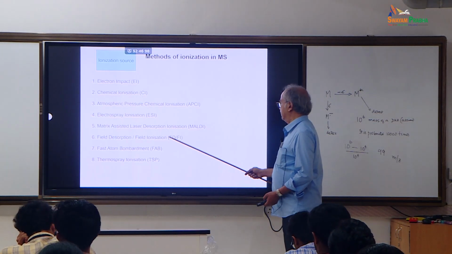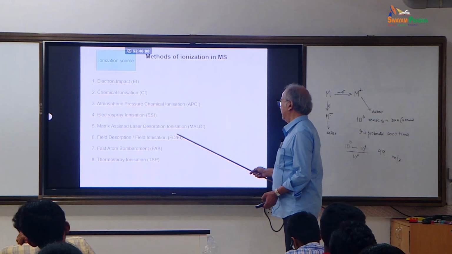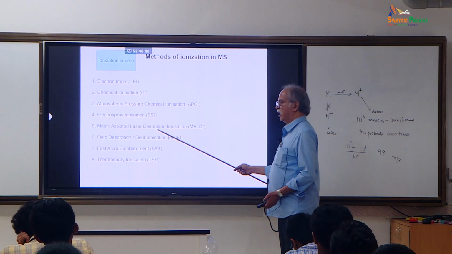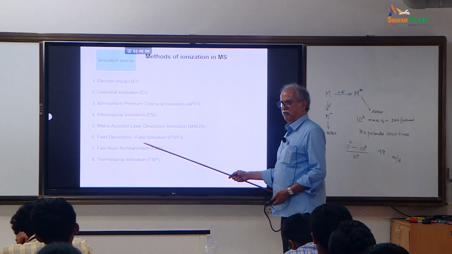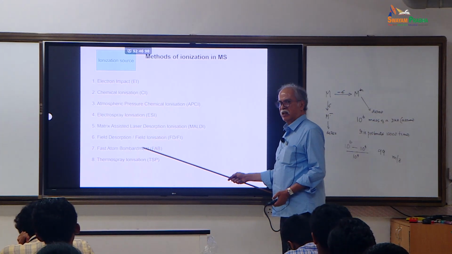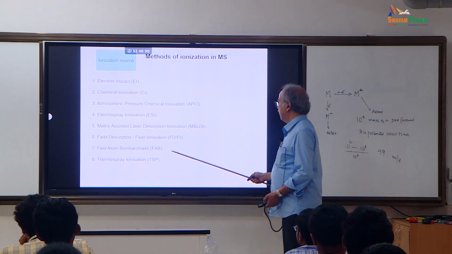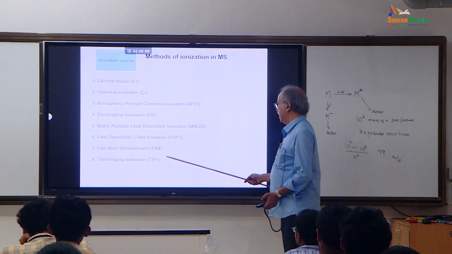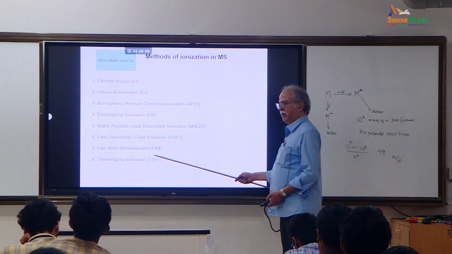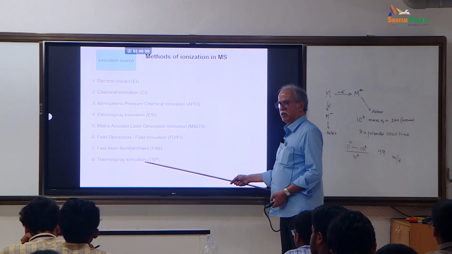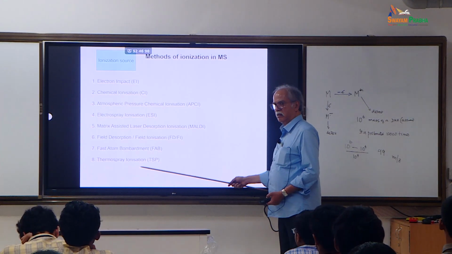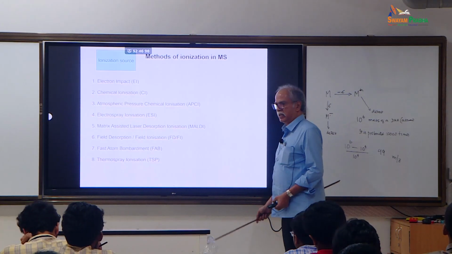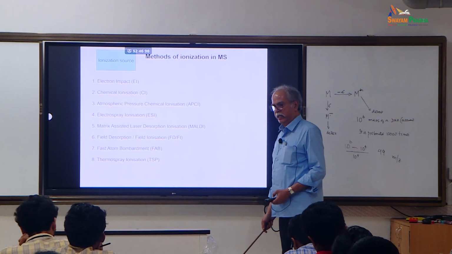Electrospray ionization mass spectrometry and matrix assisted laser desorption mass spectrometry are the new techniques for which Fenn and Tanaka got the Nobel Prize. Field desorption ionization, fast atom bombardment. Here neon atoms are bombarded with the substance. Thermospray ionization mass spectrometry is another technique.